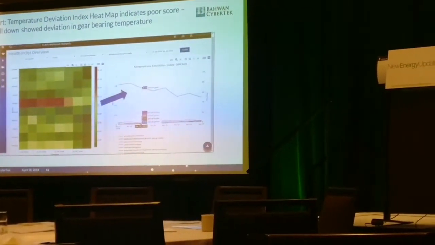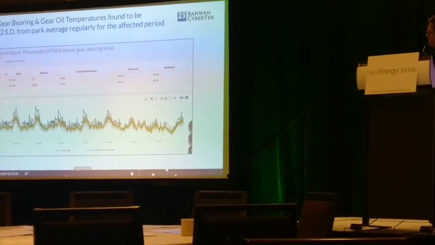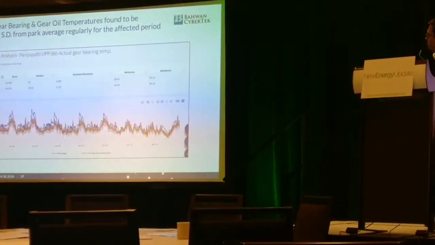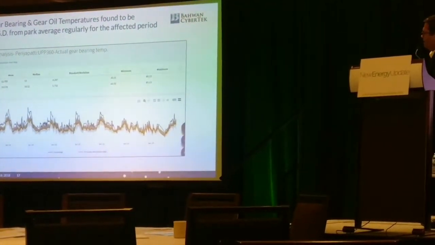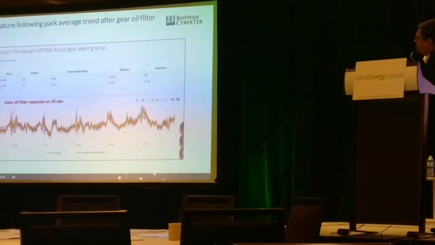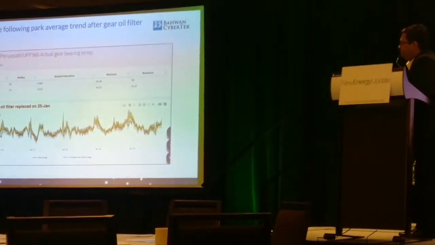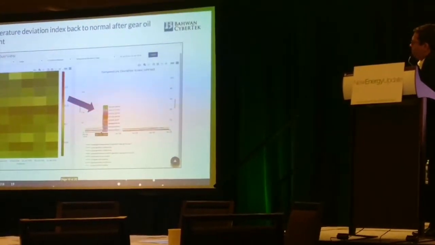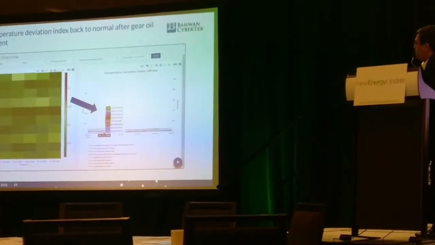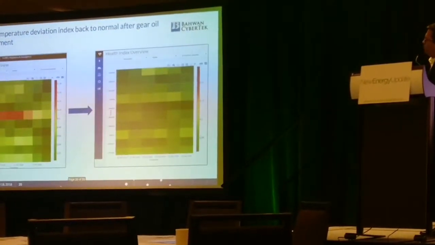What we did was the alert was generated in the system, and this was how the drill down happened for that particular alert. The customer was prompted to look into it, and there was a gear oil filter that was changed, post which the health became quite normal. This all became normal.